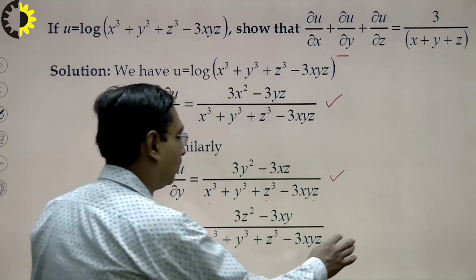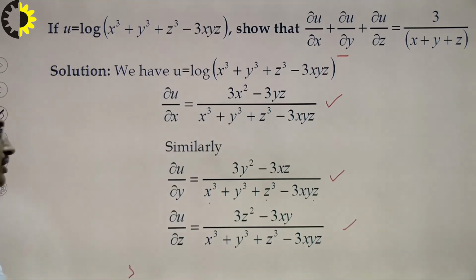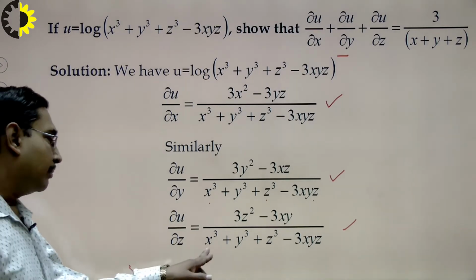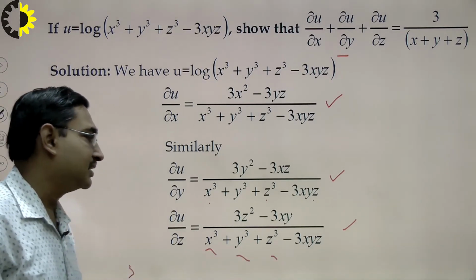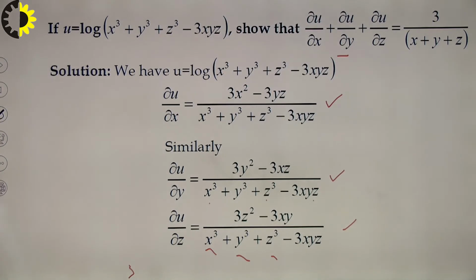Also, del u upon del z will be 3z square minus 3xy upon x cube plus y cube plus z cube minus 3xyz.